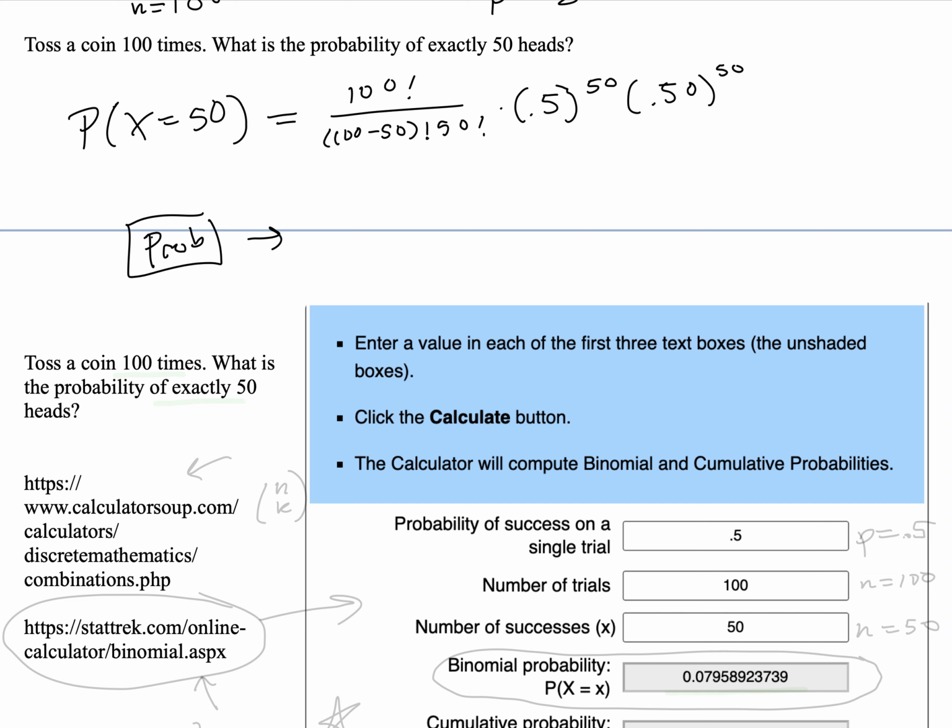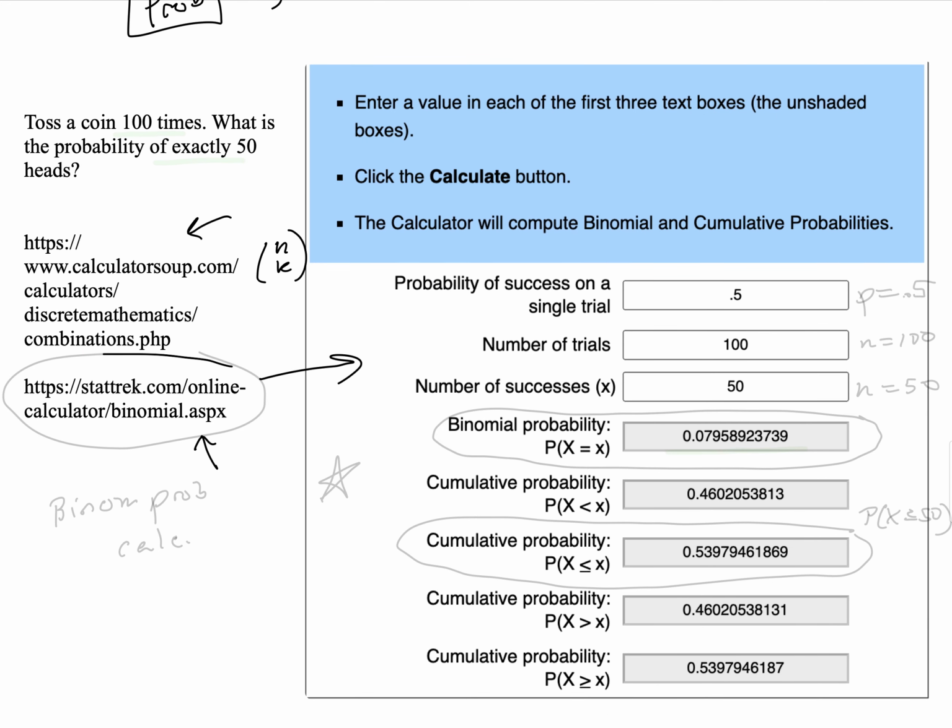So this first one just calculates n choose k, or n factorial over n minus k factorial times k factorial. The second link specifically calculates binomial probabilities, and this is what this one looks like. And if you just Google a binomial probability calculator, you will come up with this or something very similar.